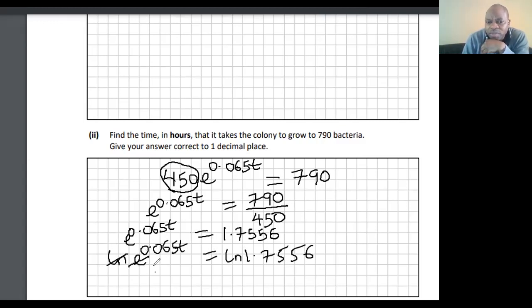So we now have 0.065t equals ln of 1.7556. ln of 1.7556 is 0.5628.